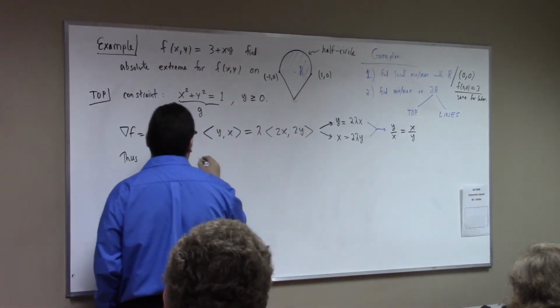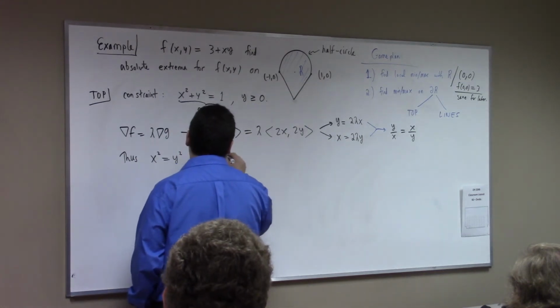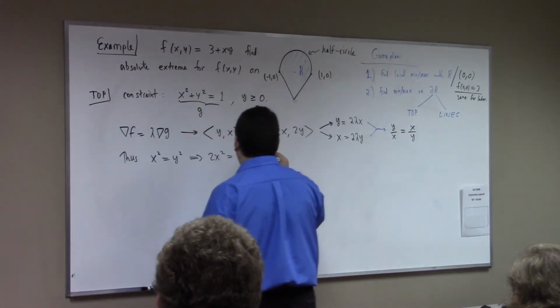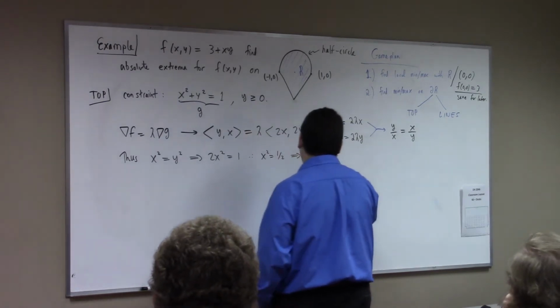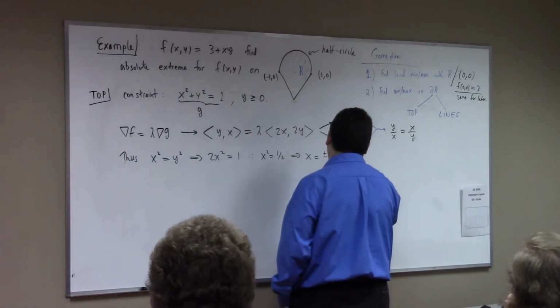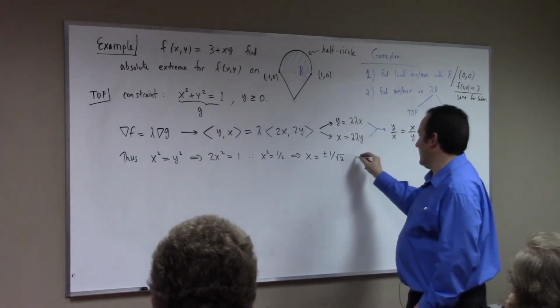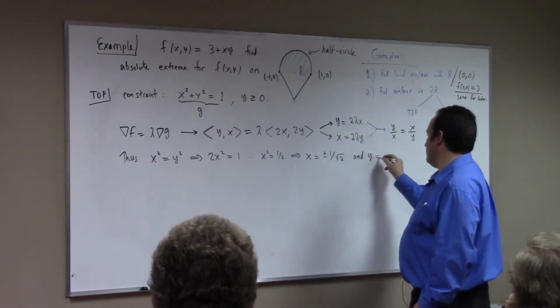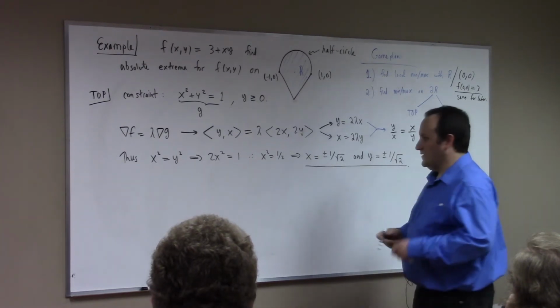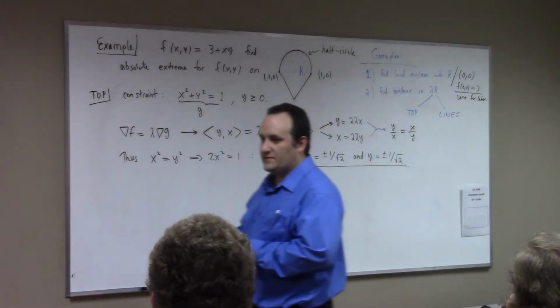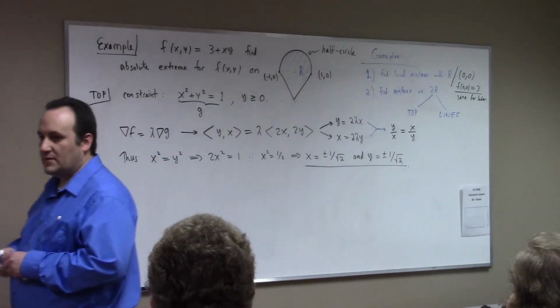X squared equals y squared, which then tells me that 2x squared equals 1. Therefore, x squared is 1/2, which finally tells me that x is equal to plus or minus 1 over the square root of 2, right? And y is equal to plus or minus 1 over the square root of 2. So the method of Lagrange multipliers reveals to me those special points on the top curve.